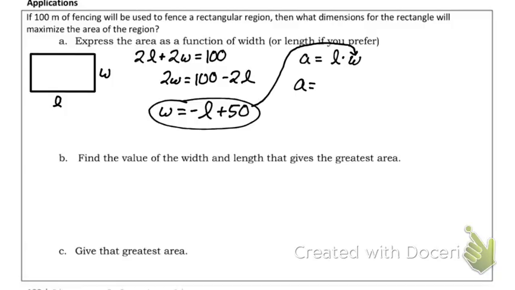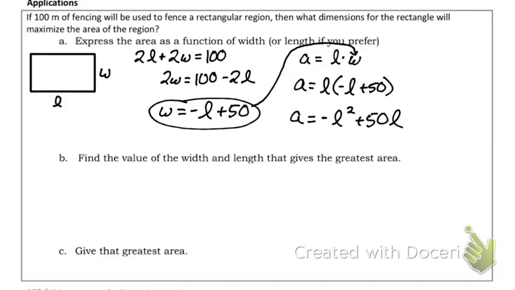So that's going to make our area equal length times negative length plus 50. Let's distribute that L. We're going to have A equals negative L squared plus 50L. That's quadratic. I have L squared.